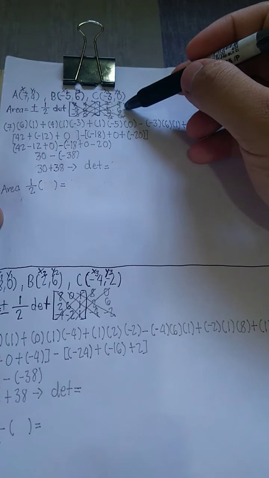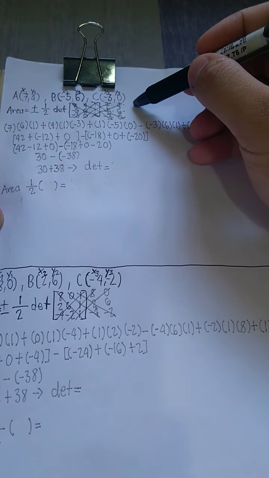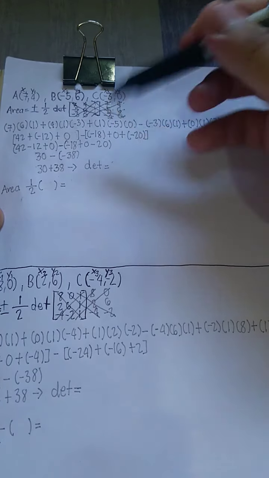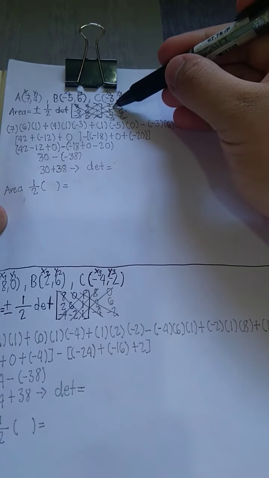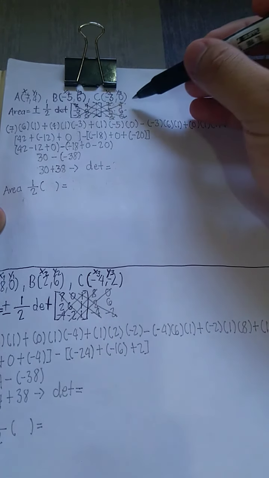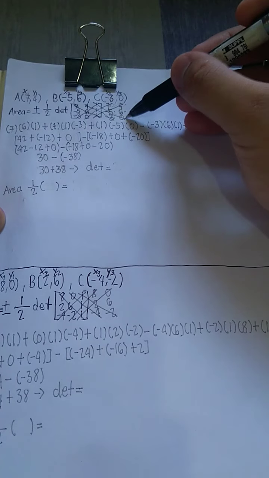What I did first is to take all 3 rows and write down the first 2 columns again. So I write 7, -5, and -3 with 4, 6, and 0.